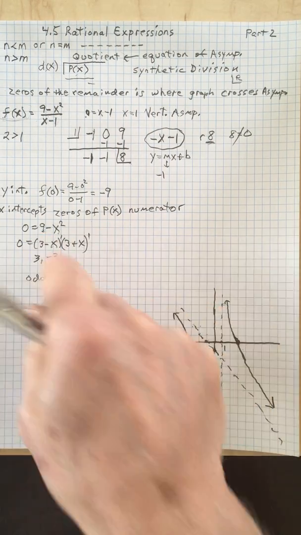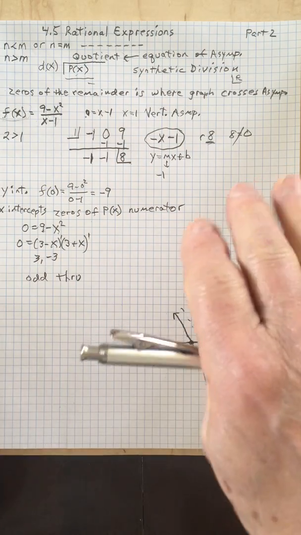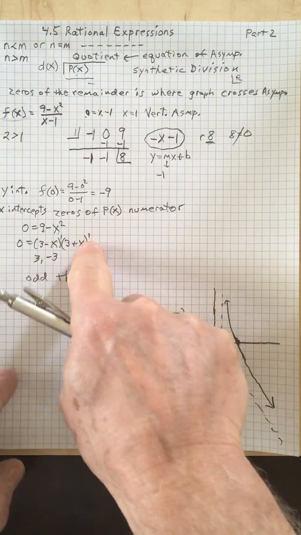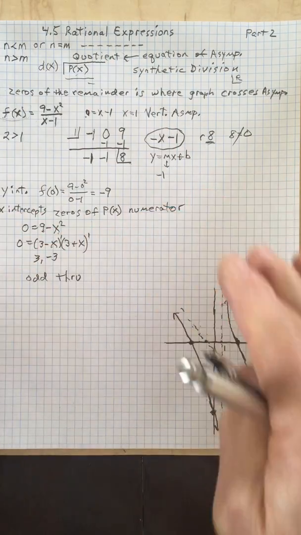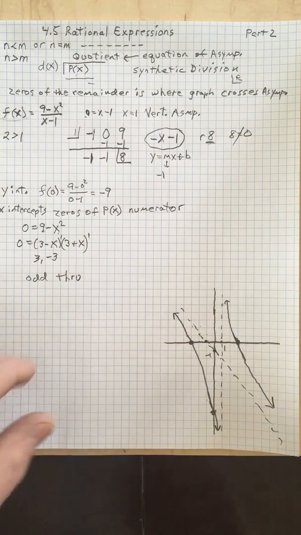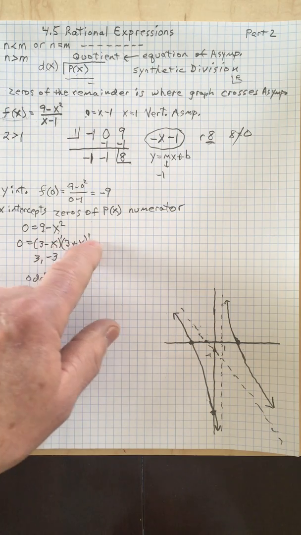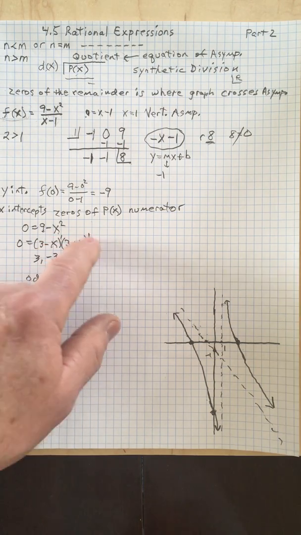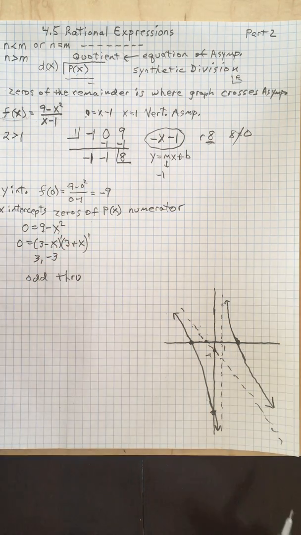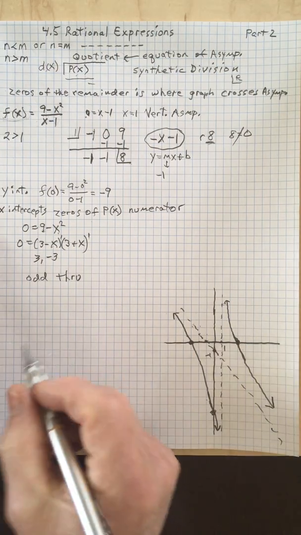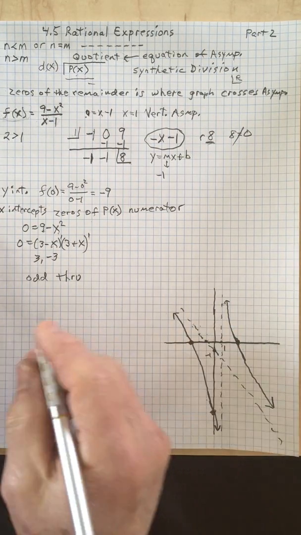Remember, if these had been even, you would bounce. And if they start getting bigger than 1, you flatten out as you go through or bounce. So we're guaranteed that we go through the points just by looking at the multiplicity here. Okay, so that's a good example.